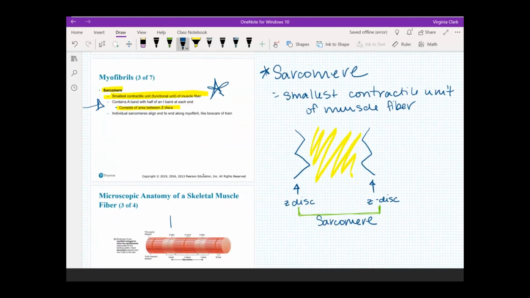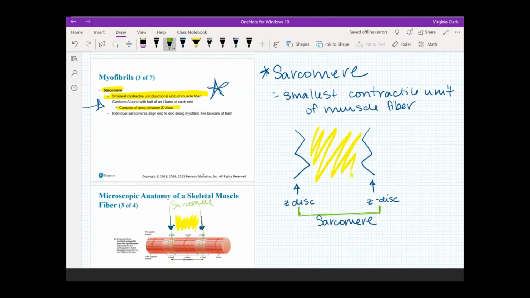You can see down here there's my little diagonal line I drew. There's my Z disc, and there's my Z disc. Again, here's everything in the middle, exactly what I drew over here. So from your Z disc to your Z disc, that is your sarcomere.